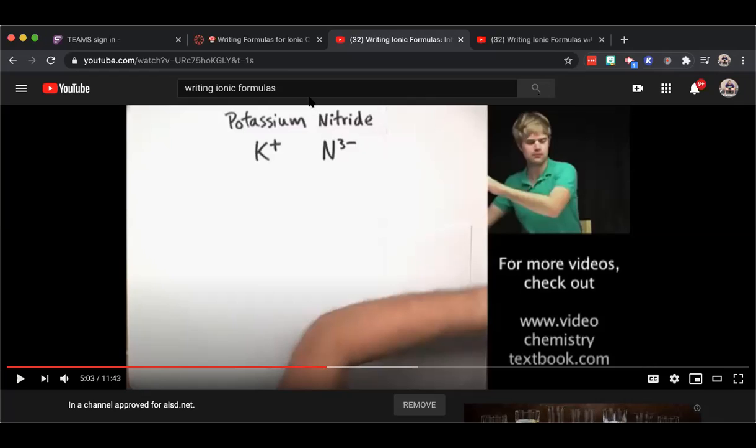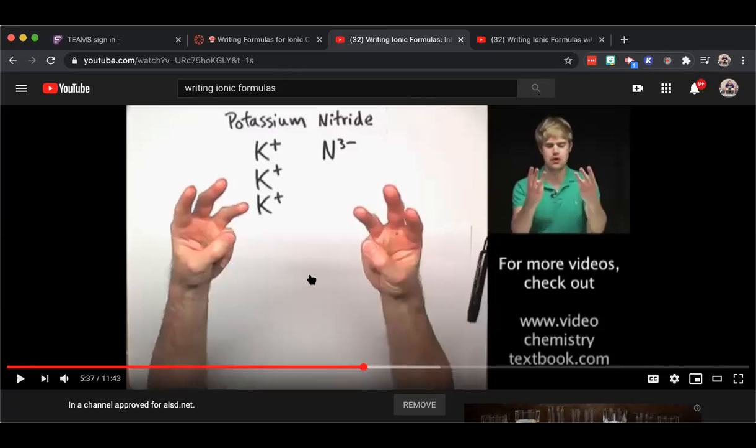Yes, so we need to add 2 more because we need 3 altogether. Because when we write it like this, I have 3 plus 1s. If I add all 3 of those up, that gives me a +3. And that balances out the -3 on this one nitrogen.